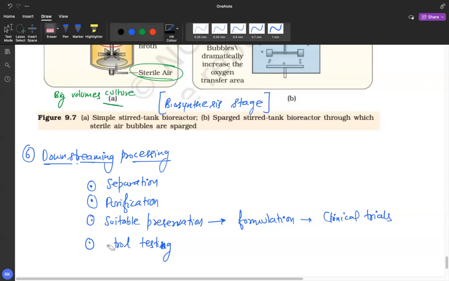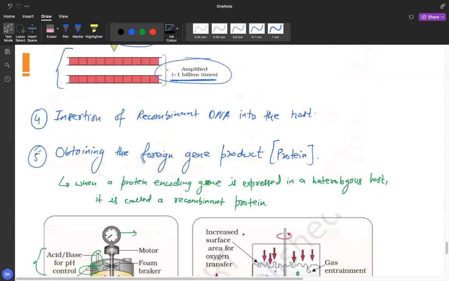And if it passes, all the tick marks are there, then your drug is ready to come to the market. So these are the 6 steps.